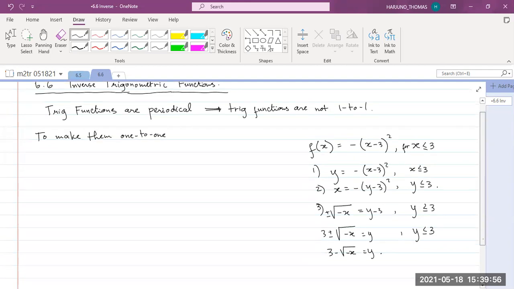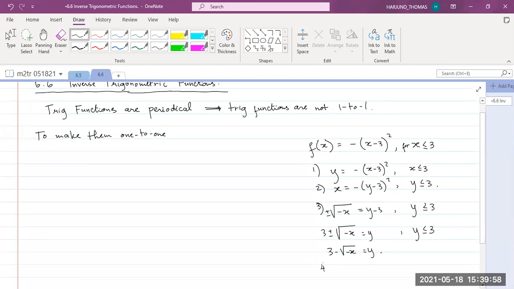So the inverse function is 3 minus square root of negative x. So that's one example where we have a not one-to-one function, but we want to find the inverse function, and we need to make it one-to-one first. One way to do it is to restrict the domain. That's an example we have from the past.